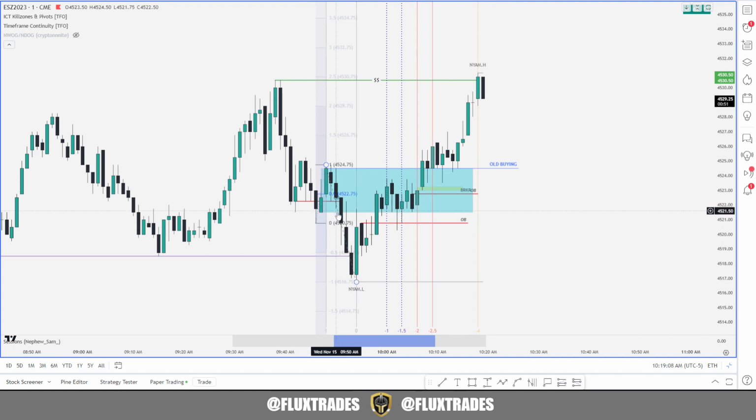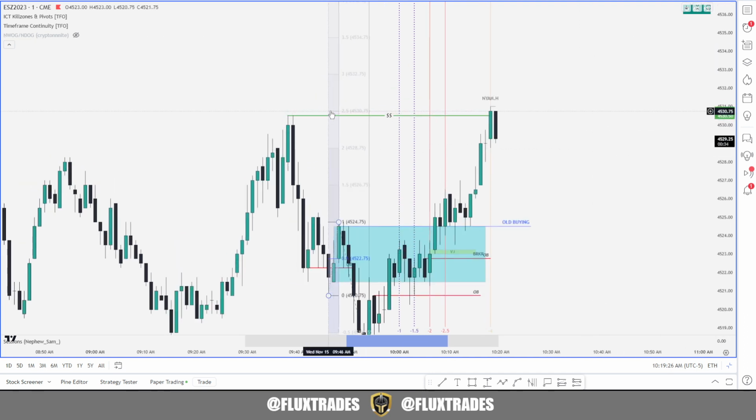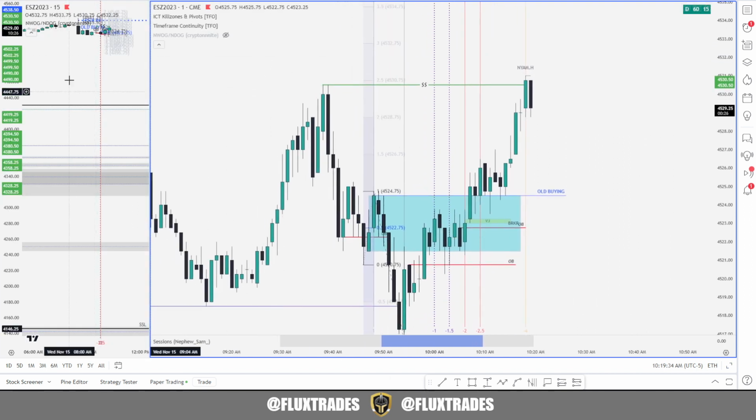Breaker, reversal, entry, another climb taking out premium, and then boom, right up at -4 standard deviations into the -2 to -2.5 range. Candle buys respecting that -2.5 perfectly, right? What was that? 4530.75? Close 4530.75. Yeah, nice.